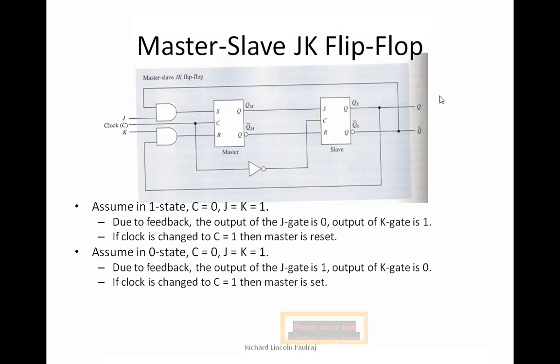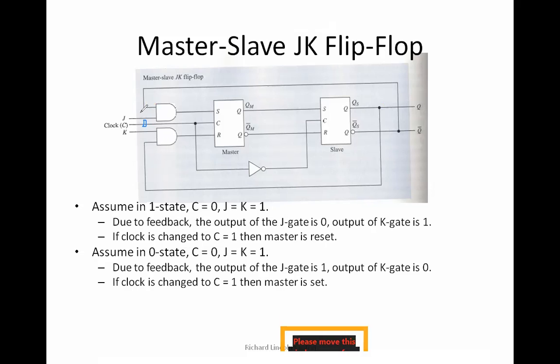So in our next configuration, we will assume 0 state. So what is this 0 state? C is equal to 0. Assume in 0 state, C is equal to 0. So assumptions are there, a lot of assumptions, so you should analyze things.